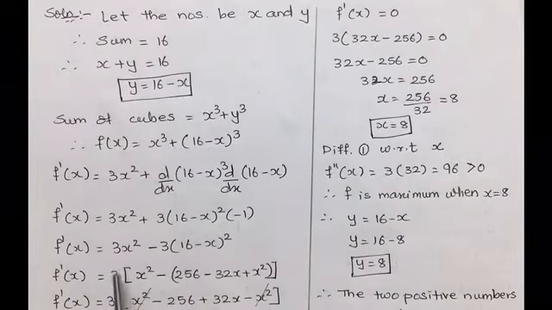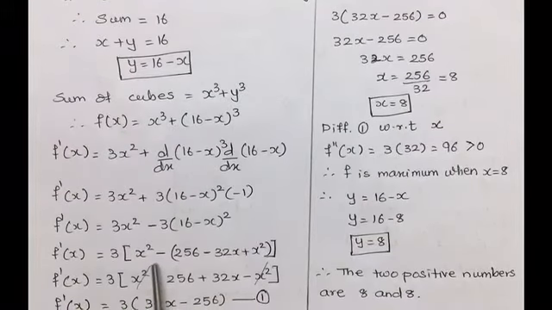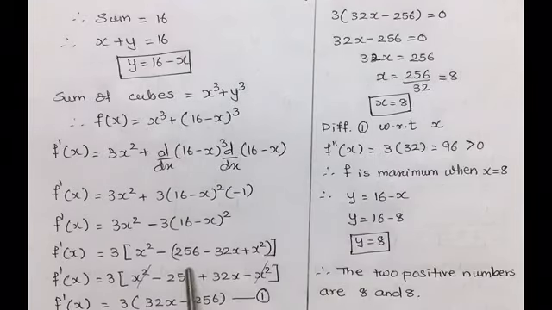taking out 3 common and expanding the bracket (16 minus x) whole square using the formula (a minus b) whole square. So we get here f dash x is equal to 3[x square minus, inside the bracket, 256 minus 32x plus x square].